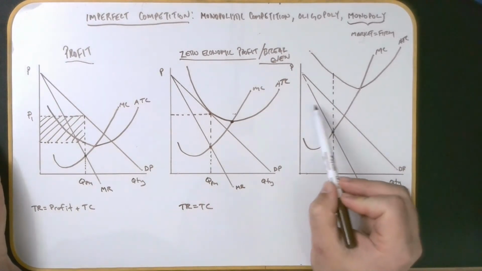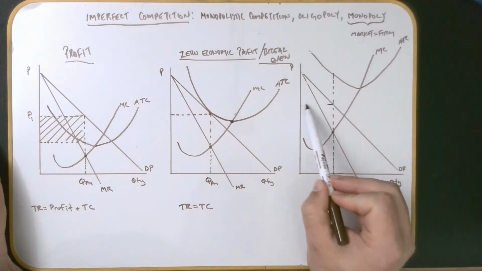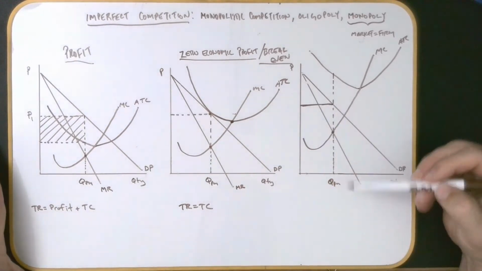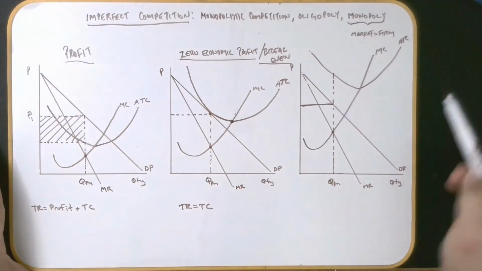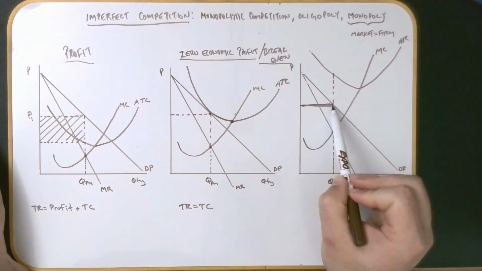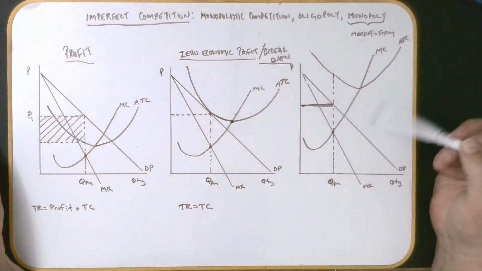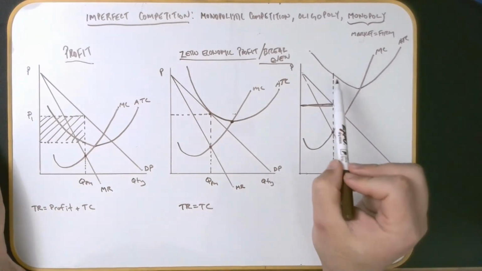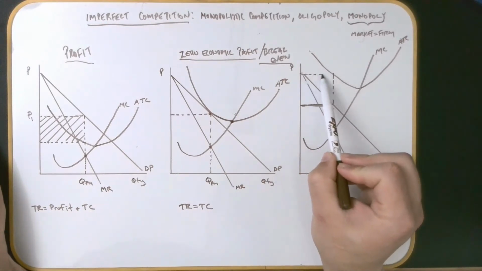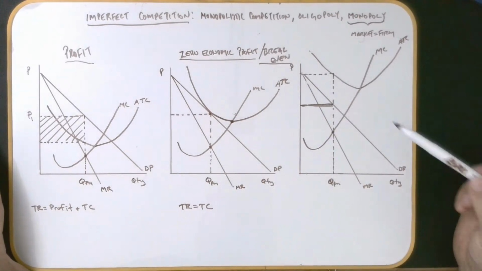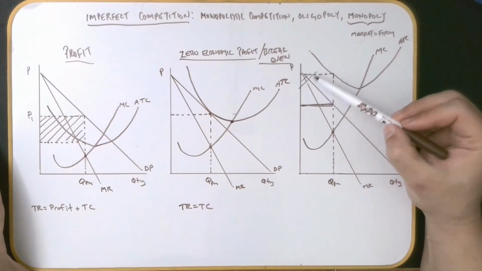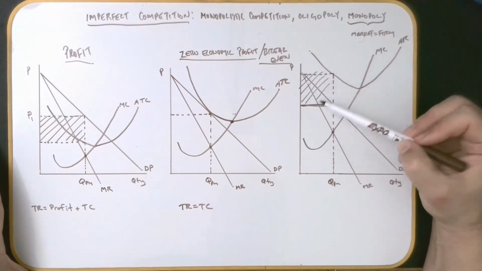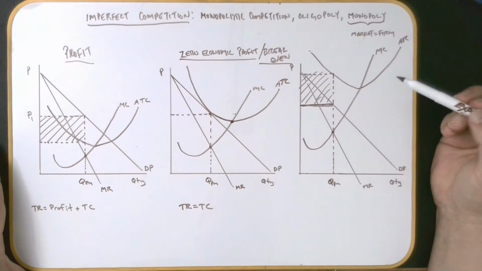And then right here where I hit the demand curve, this is going to be my total revenue. This is how much money is coming in. It's this quantity at that price. But unfortunately, my costs are higher. So if I go up to here, I have that one. I'm going to shade this in, this is my loss up there. I'm losing that much money.